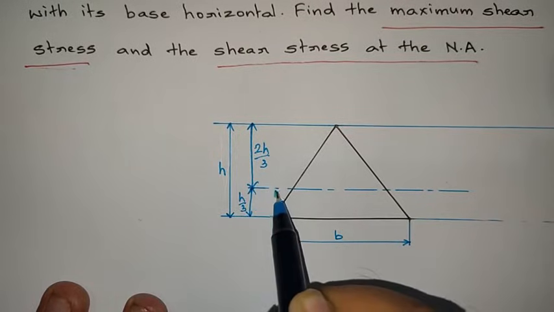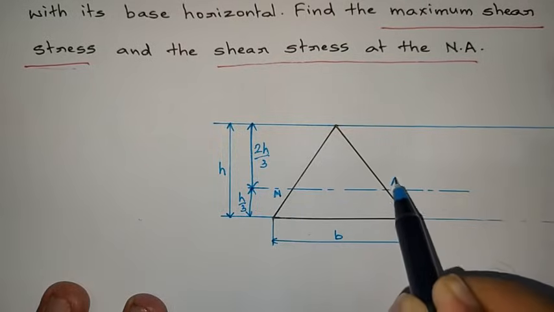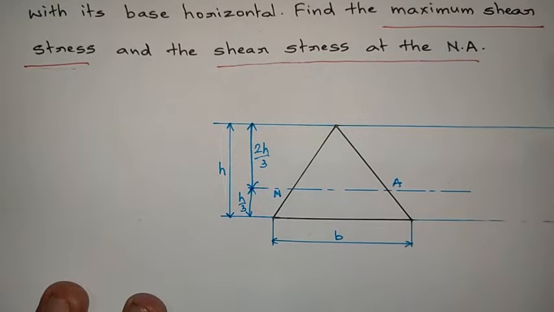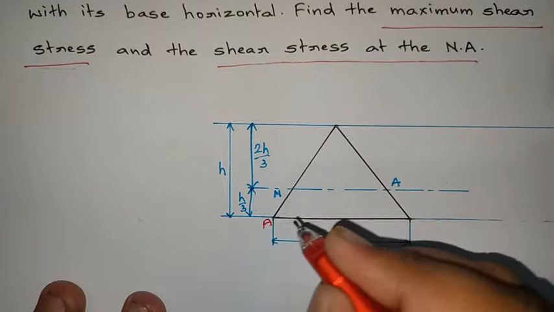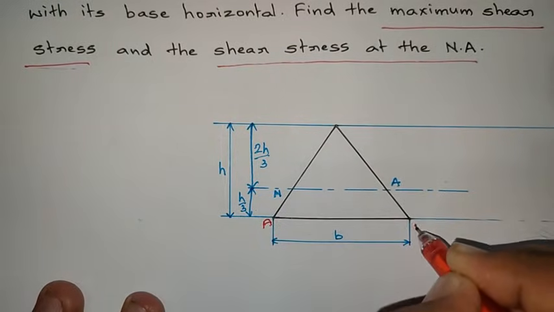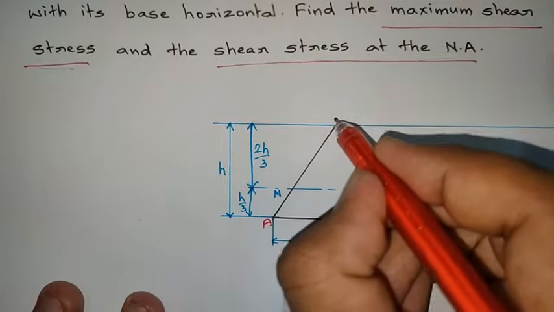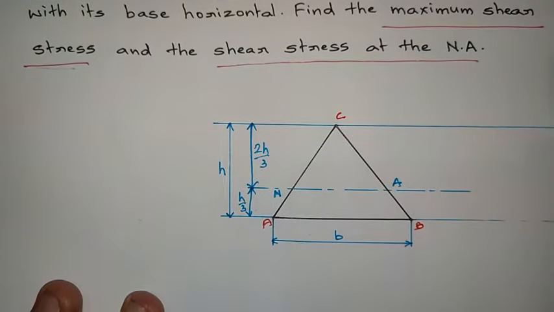So it is the central axis and it is equal to the neutral axis. Okay. So here I am going to give the lettering: this point is A, this is B and this one is C.